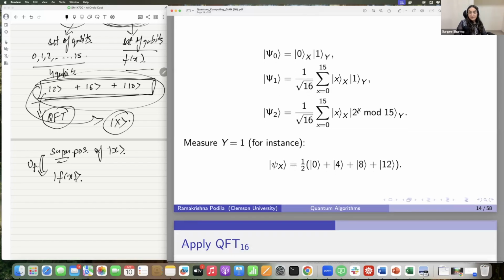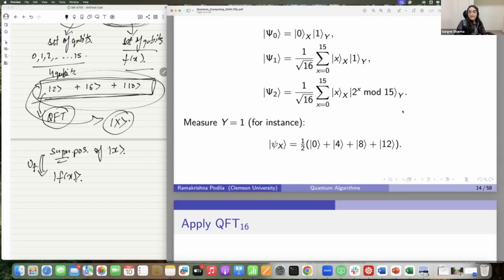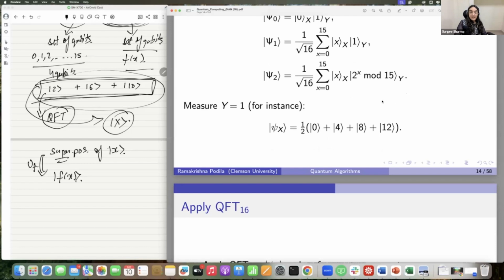So now your second qubit has the function f of x inside it. Then you do a measurement on the second system, which is y.